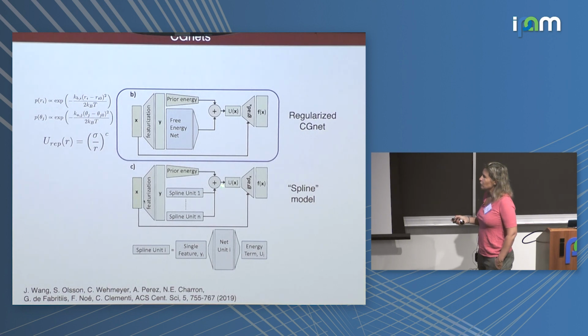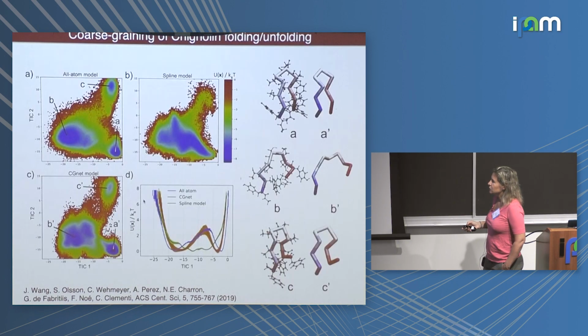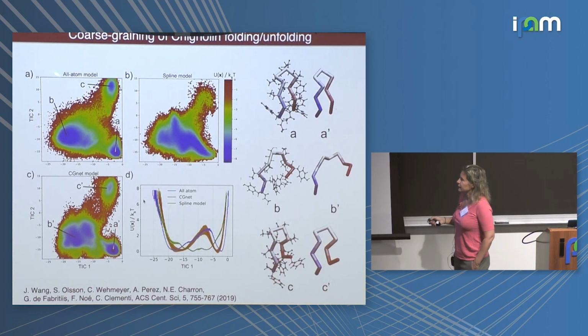And again, we compare the CGnet model with this prior energy. It's very important here to include the repulsive interactions for the excluded volume in order to avoid overlapping of beads. And we compare it with two-body interactions only. And again, this is the ground truth.